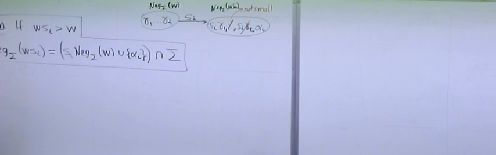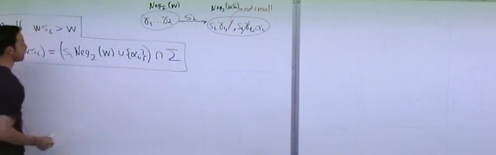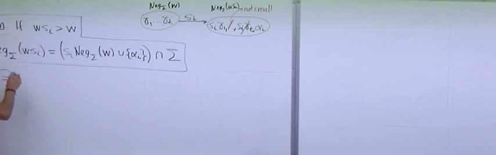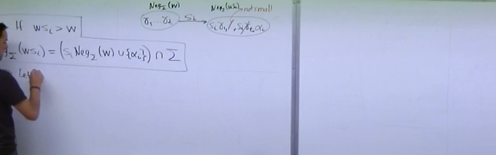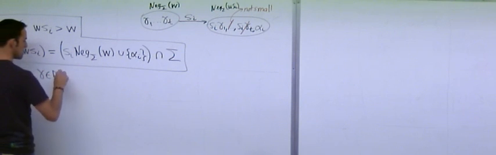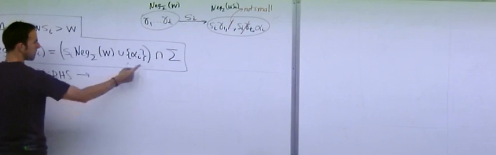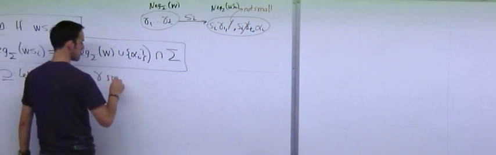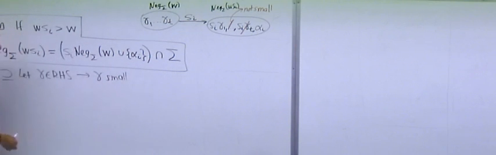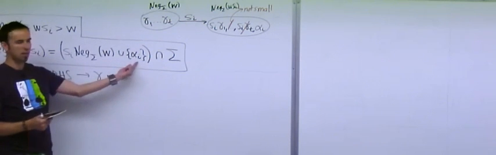Well, let's prove the two inclusions, and one of them is pretty easy. Let's say that you have something over here. So take gamma in the right-hand side. So that means, first of all, that gamma is small, and gamma is either in this category or in this category.